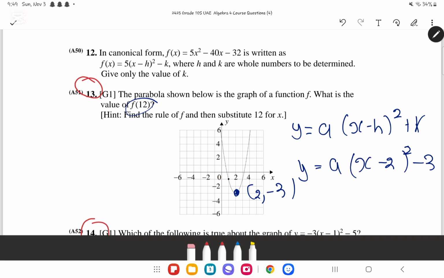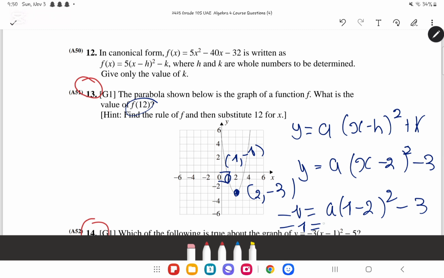Now to find a, we're going to choose any point. It's preferable you choose the point they gave you over here, which is 1, minus 1. So substituting it, you're going to have minus 1 is equal to a times 1 minus 2 squared minus 3. So then minus 1 is equal to a times... 1 minus 2 is minus 1, squared is 1.